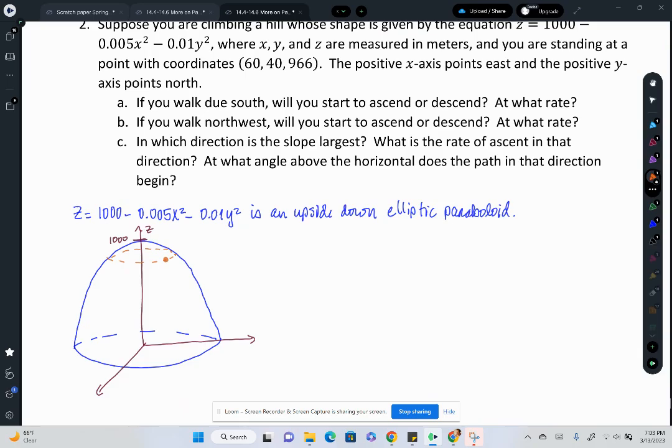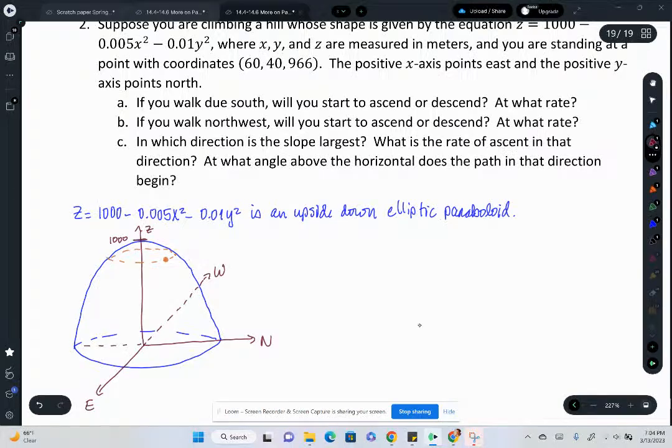Now, they're telling us that the positive x-axis points east and the positive y-axis points north. So that tells me that the negative x-axis is pointing west, and the negative y-axis is pointing south. All right, so that's our setup.